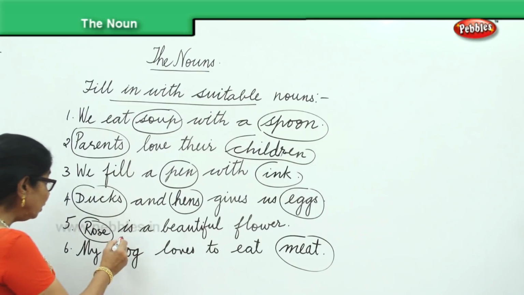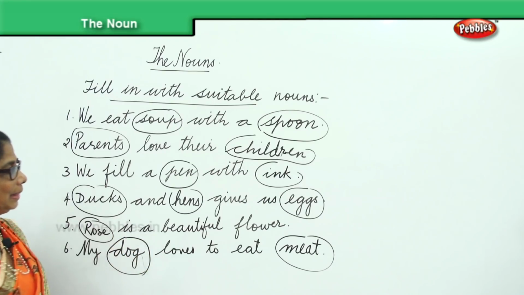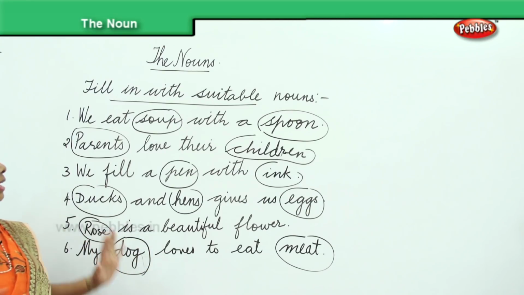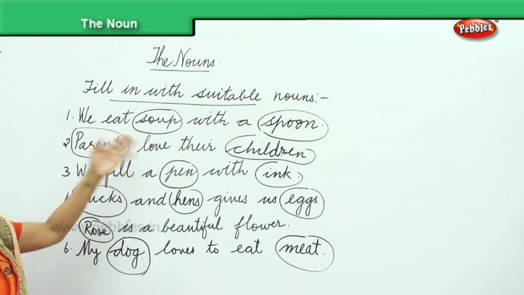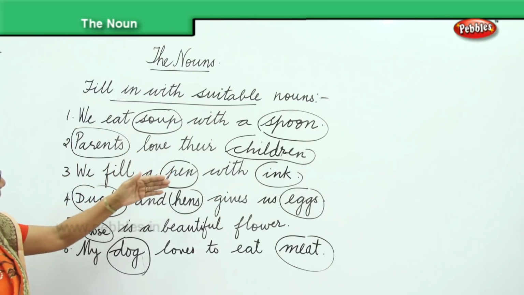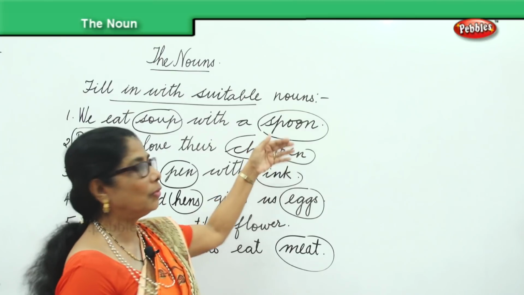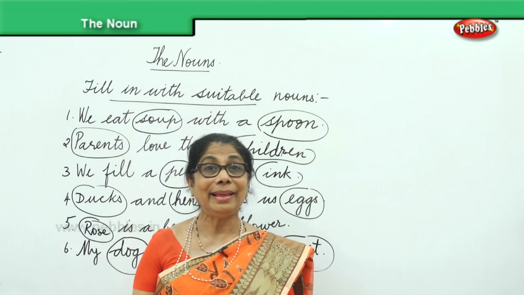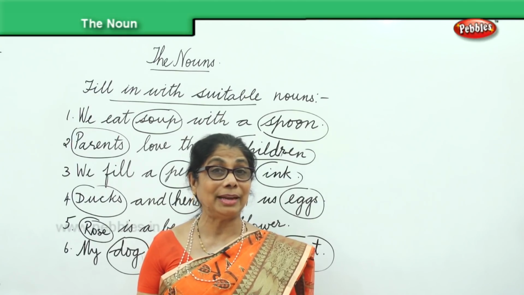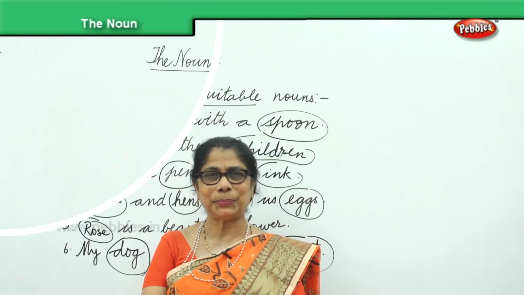So we have dog and meat. Now all nouns in these 6 sentences, we have soup and parents and pen, hens, duck, rose, dog, meat, eggs, ink, children, anything that you can name. Anything that you can name is a noun. So you learn to fill in with suitable nouns.